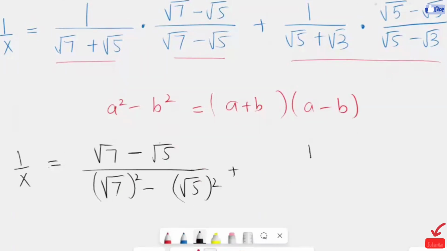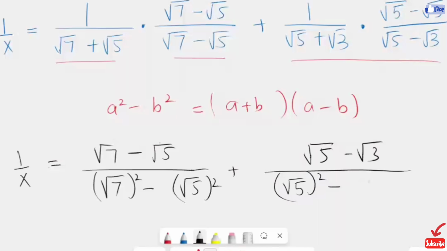The other one is going to be multiplied with this numerator, so it will turn to root 5 minus root 3 over root 5 raised to power 2 minus root 3 raised to power 2.